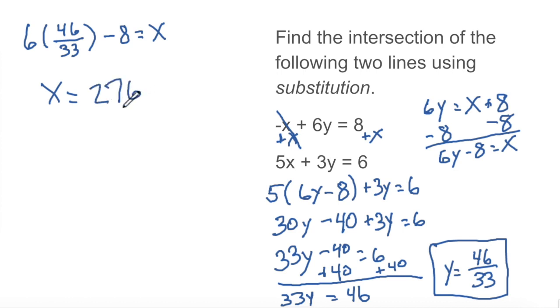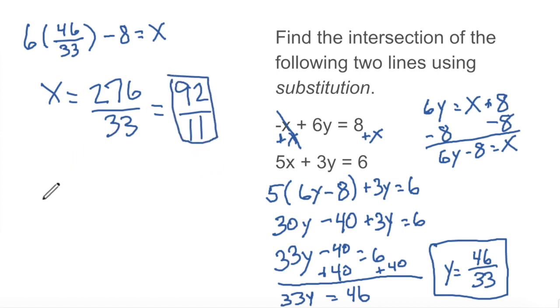So here x comes out to 276 over 33, which is divisible by 3. And when we divide that by 3, we get 92 over 11. So that's our solution for x. So our solution for this set of equations is 92 over 11, comma, 46 over 33.